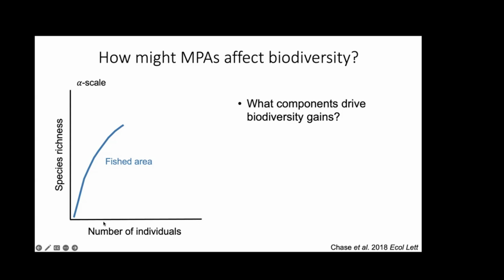It's really common that when we stop fishing, we get more fish, okay? And the simplest way that just having more fish in protected areas might influence the species richness and the biodiversity of the fish community is through something called the more individuals hypothesis.